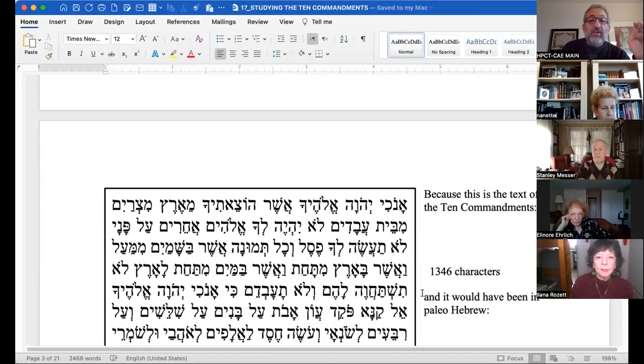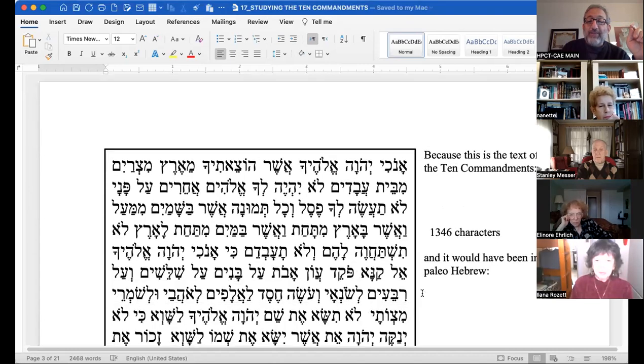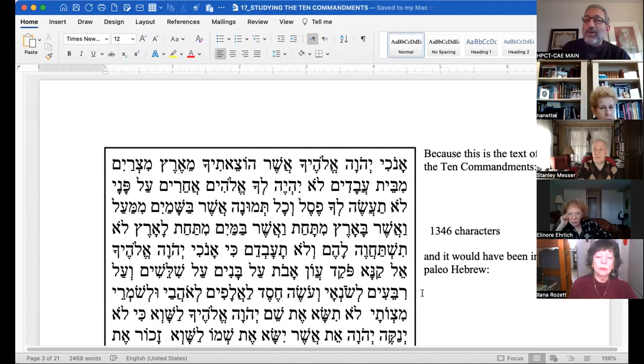Okay, so this is admittedly, if we were to take the text literally and say that Moses received the Ten Commandments on Mount Sinai, it wouldn't have looked like this. It would have looked like the Paleo script that I showed you before.